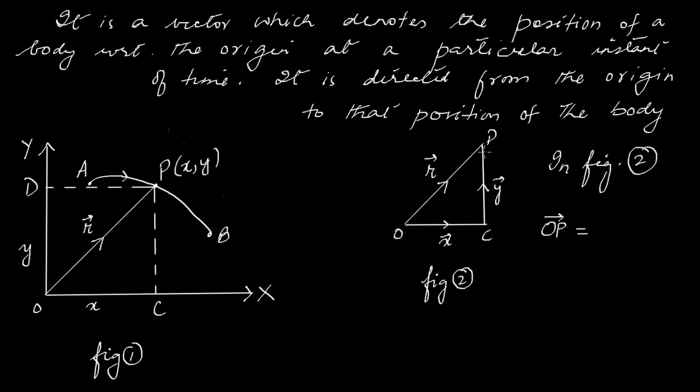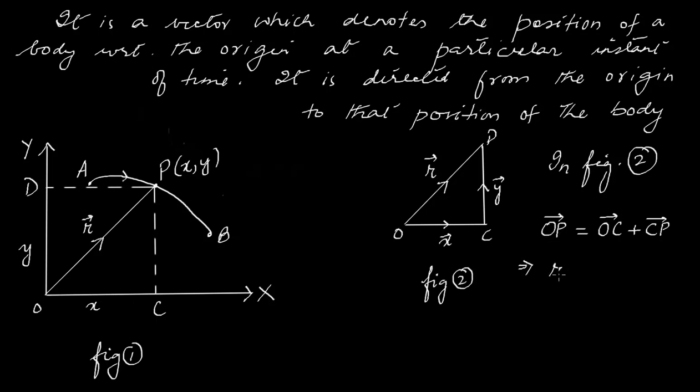So in vector language, we say OP bar is equal to OC bar going like this plus CP bar. Do you understand or not? But what is OP bar?